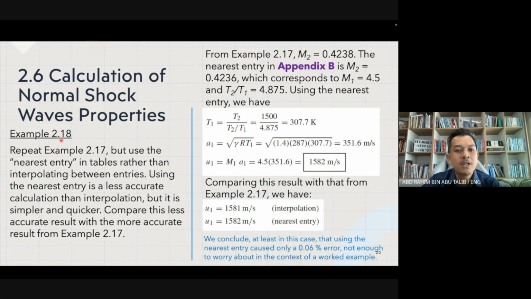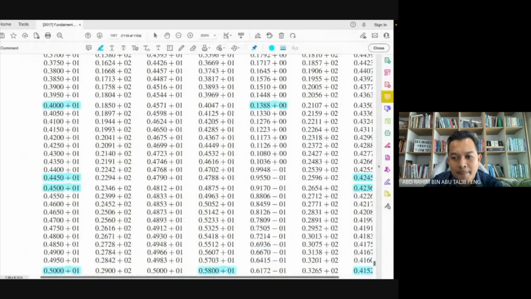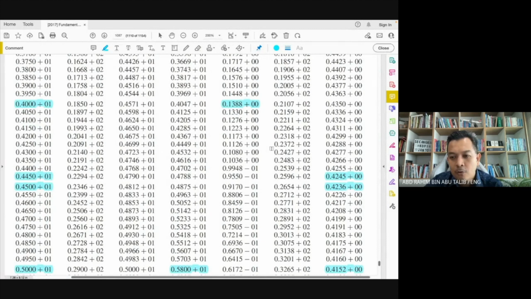So we repeat example 217, where we need to find M2 0.4238. The nearest entry to 4238 is 4236. If we look back over here, 4238 is just 2 points above 4236, compared to 4245 just now.